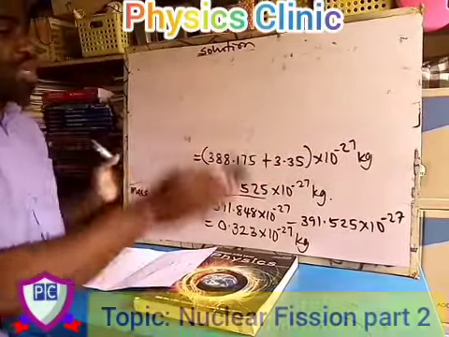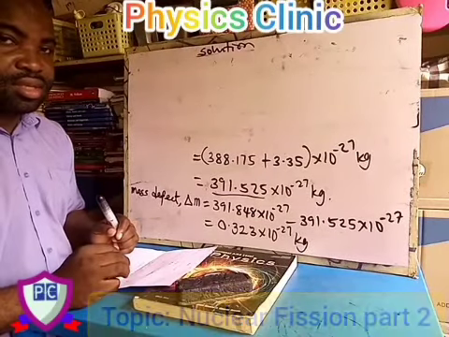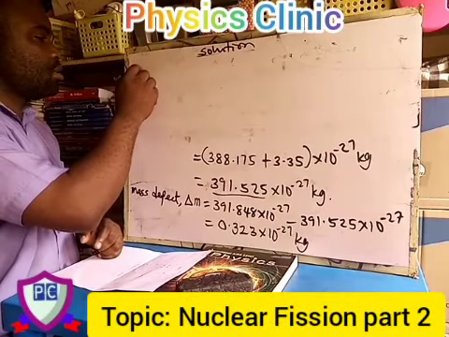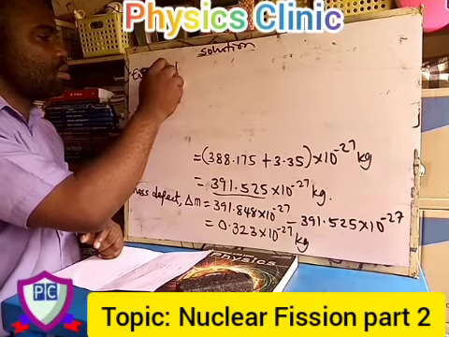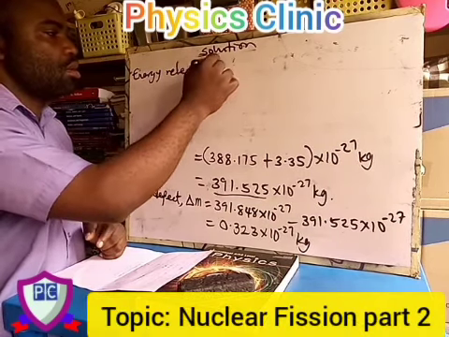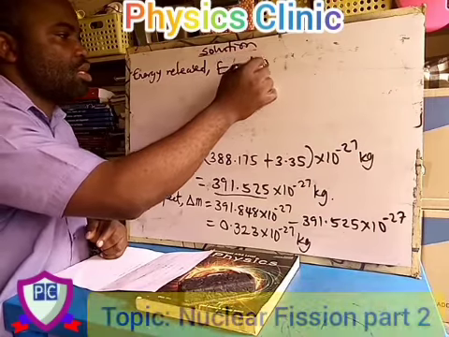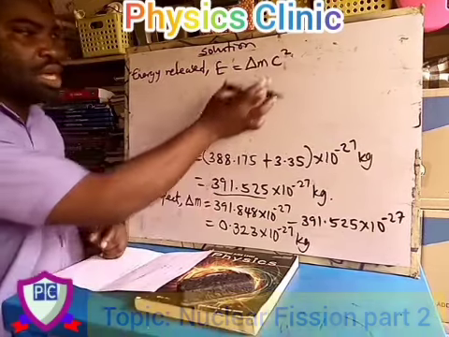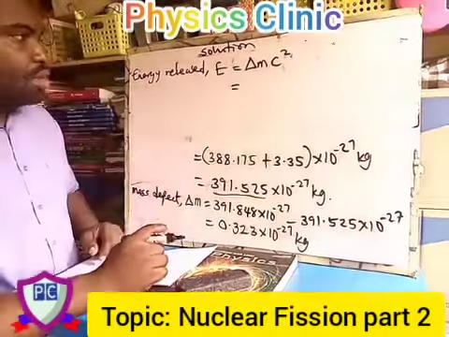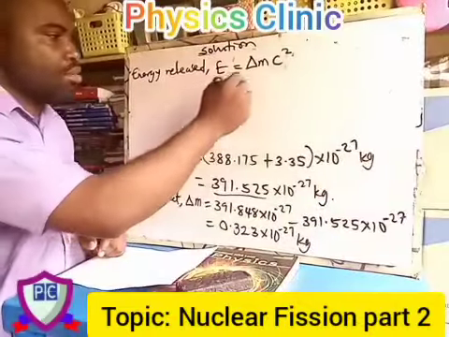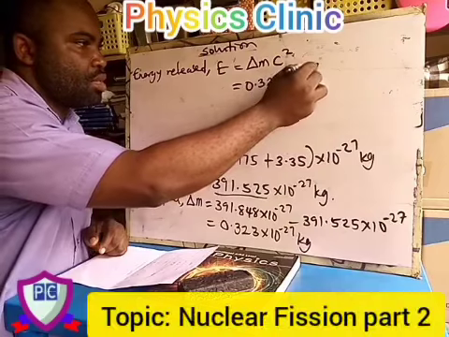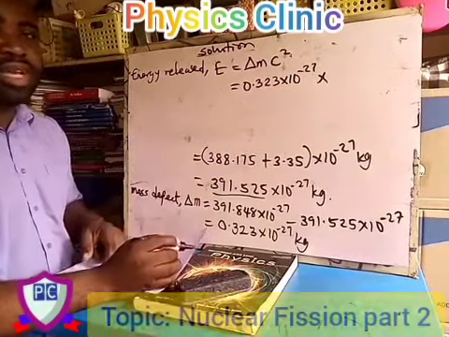So from the mass defect, we can calculate the energy released during the nuclear fission reaction. The energy released is equal to change in m c squared. This is Einstein's mass-energy equation, and that involves the mass defect, which is 0.323 times 10 raised to the power minus 27, multiplied by the speed of light squared.